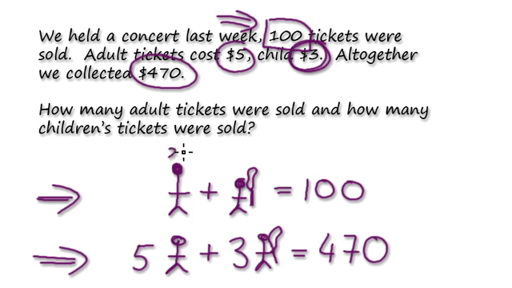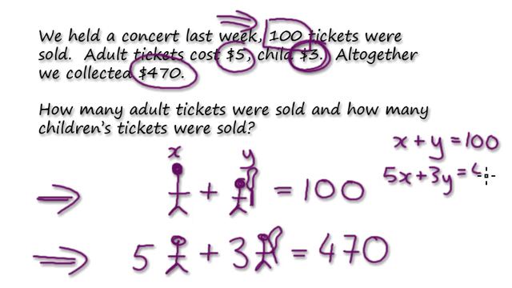Let's say this is x and this is y. So you've got to solve x plus y equals 100, and also 5x plus 3y equals 470. So you got to somehow solve these two simultaneous equations.